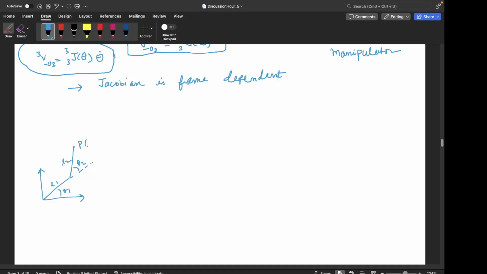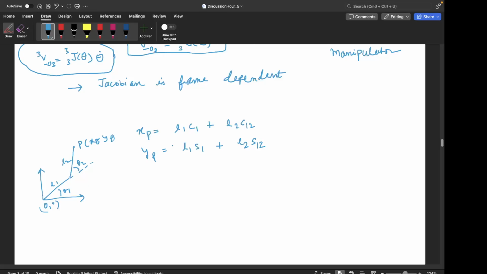If the end effector has coordinates xp, yp, and this is 0, 0, then in forward kinematics we saw that xp is equal to L1C1 plus L2C12, and yp is L1S1 plus L2S12.